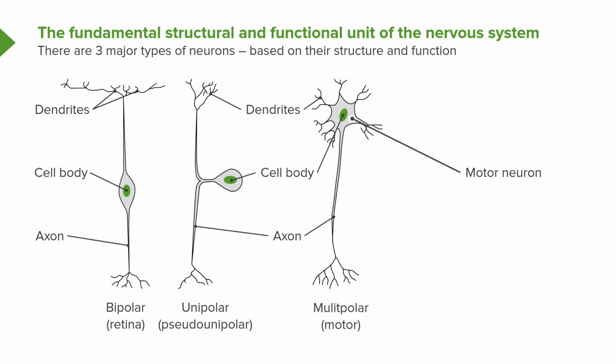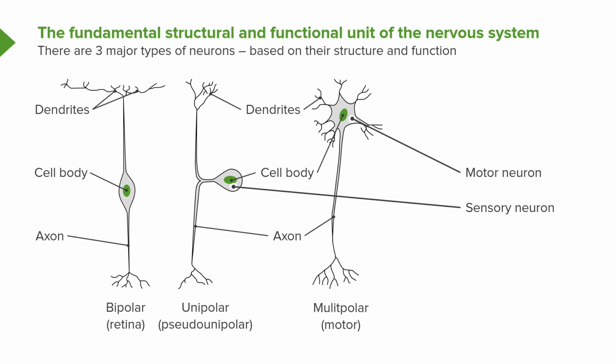Now, on the next section, you see a sensory neuron on the next diagram. Notice its cell body sits out on its own and it actually has two processes. Two long axons extend, one to the periphery and one into the central nervous system or the brain.